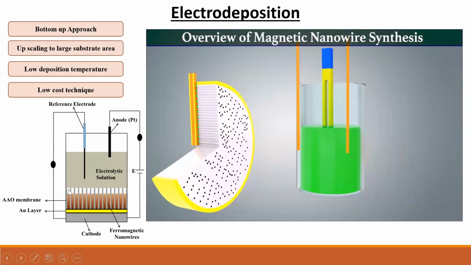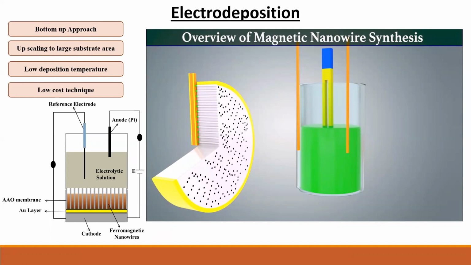The next slide explains the electrodeposition technique, and this technique is useful because it is a bottom-up approach. A very large scale substrate can be used to deposit nanomaterials, so we will have upscaling to large substrate area. It is a low deposition time.